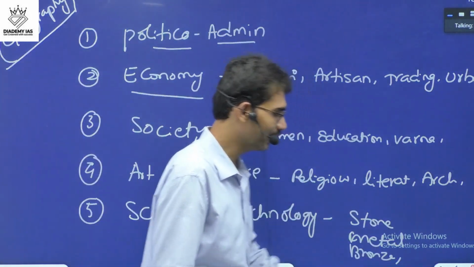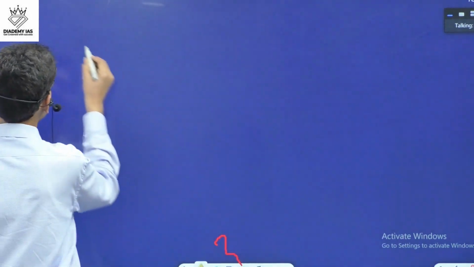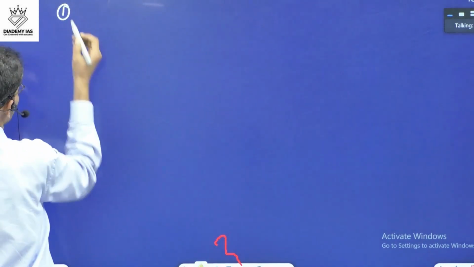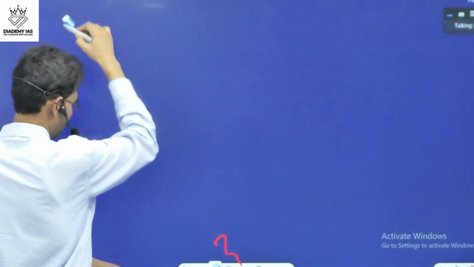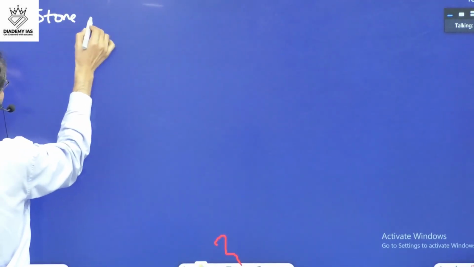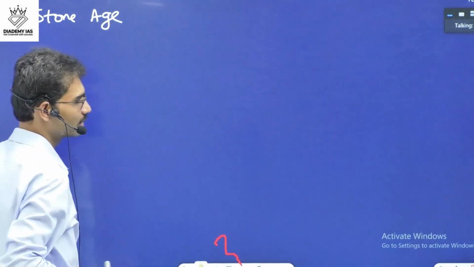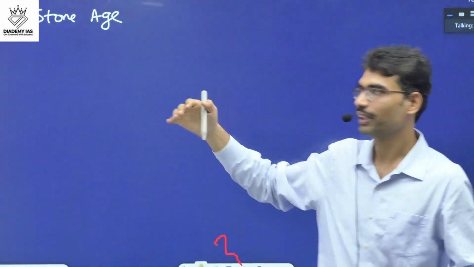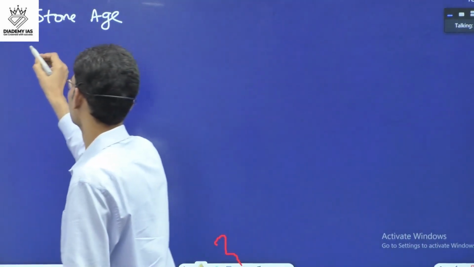Then if I write timeline, first we will talk about Stone Age or prehistoric age. All these institutions are not very strong. That's why only we talk about few.